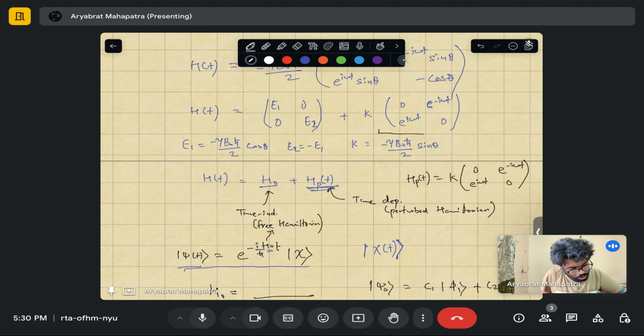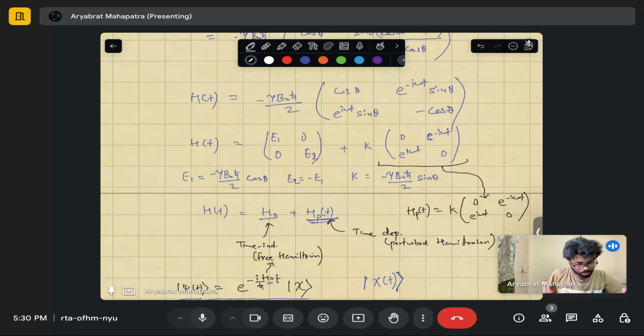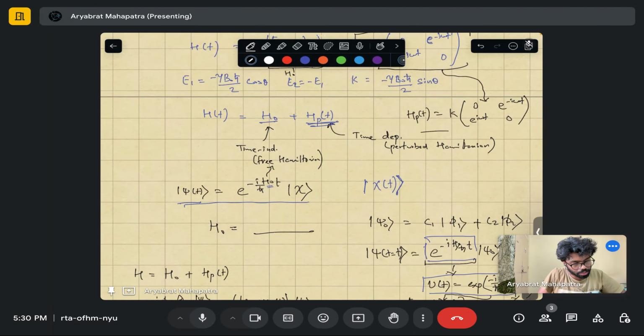This comes from here. This is your H0, and this is your HP. That HP is written like this, and that is what we will use to calculate the interacting Hamiltonian.